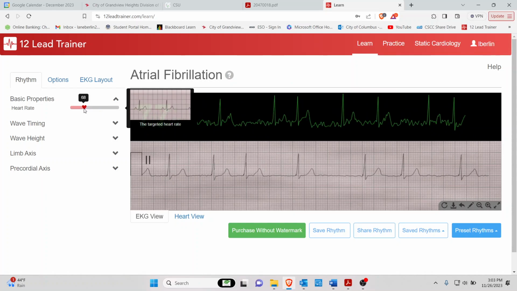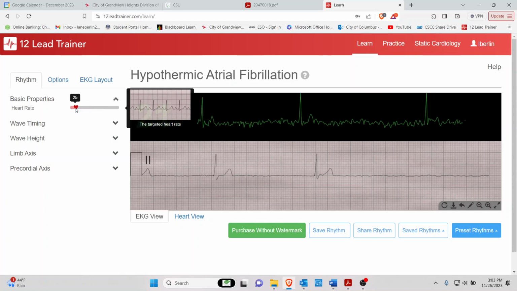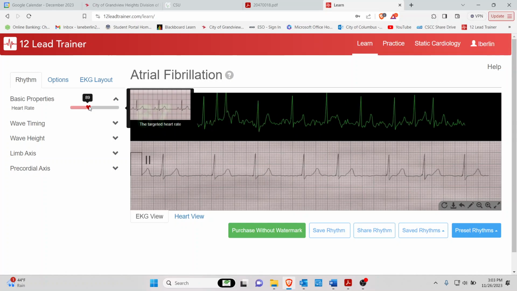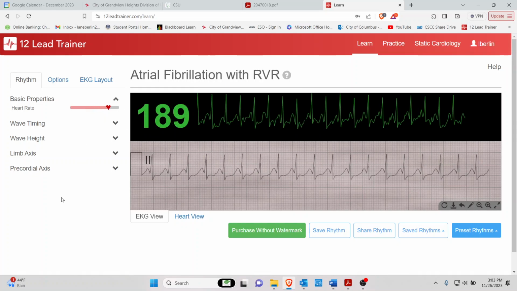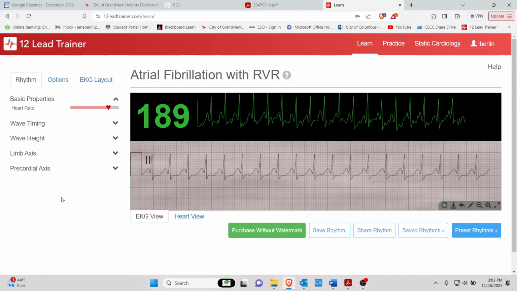Giving adenosine, you're going to see it slow down, slow down, slow down, but it's not going to convert it, so it's probably going to go right back up to an RVR. However, we had the opportunity to snapshot it when it was slower and confirm that it was an underlying AFib. And I'll talk to you about the drug that's going to be involved with that when it's stable.